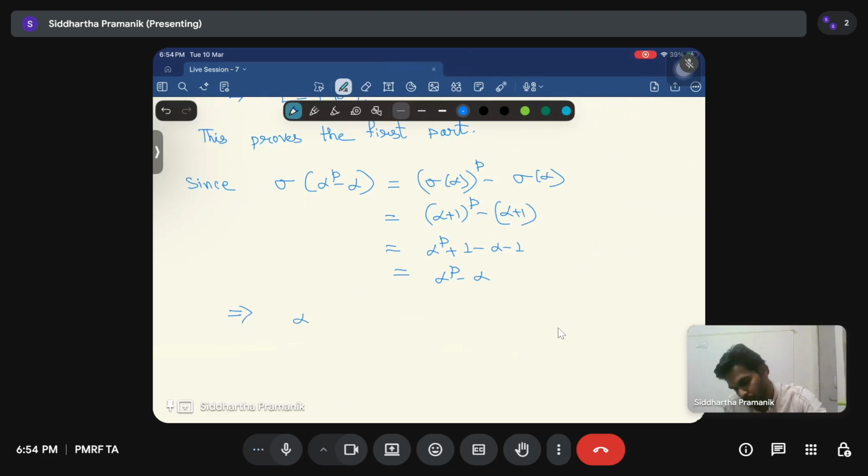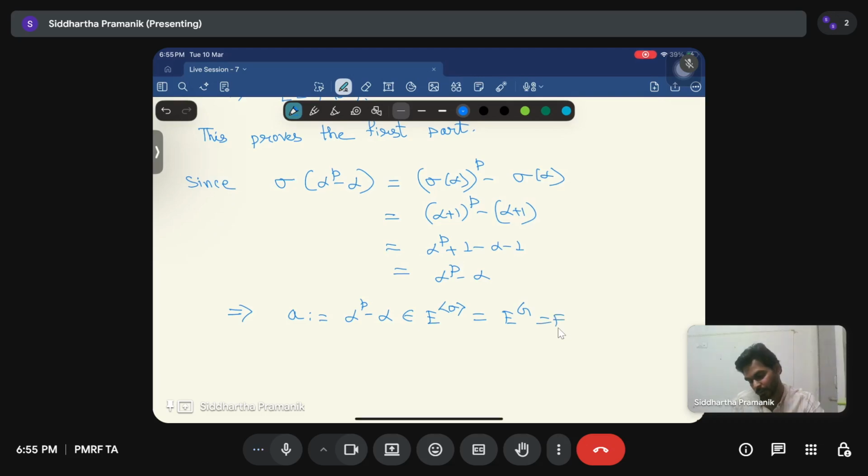So alpha power p minus alpha is fixed by sigma. So let's take a as alpha power p minus alpha, and this belongs to the fixed field of E power sigma, which is the same as the fixed field of E power G, the fixed field of G, and which is the same as F. And alpha is a root of x power p minus x minus a because of this relation.